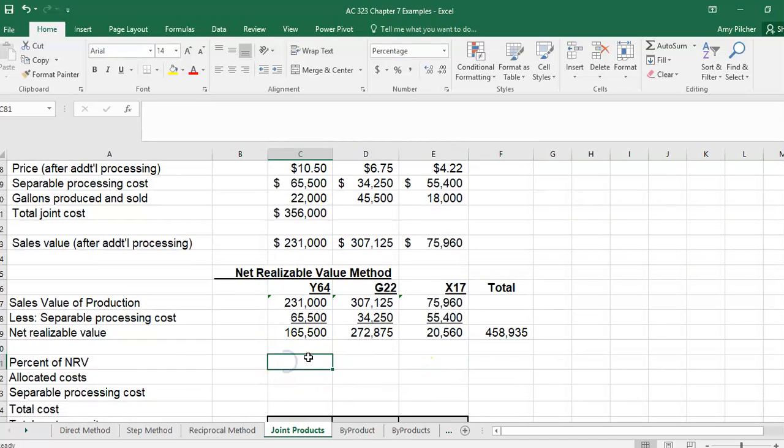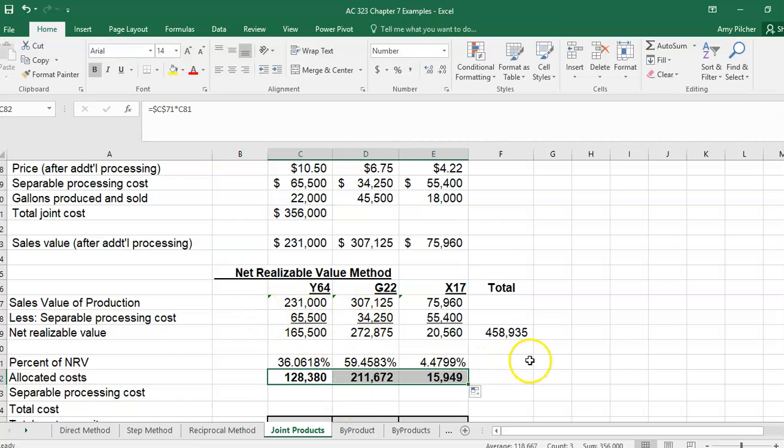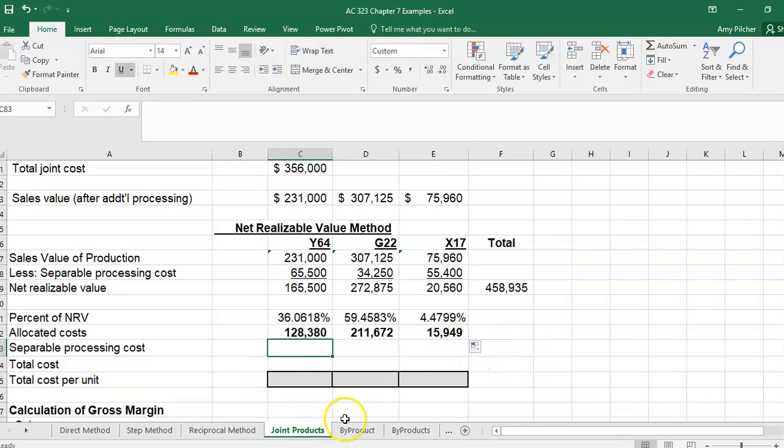We then take our net realizable value divided by the total sum of net realizable value to get our percentage of net realizable value. We take our $356,000 in joint costs times our net realizable percentage to allocate joint costs.